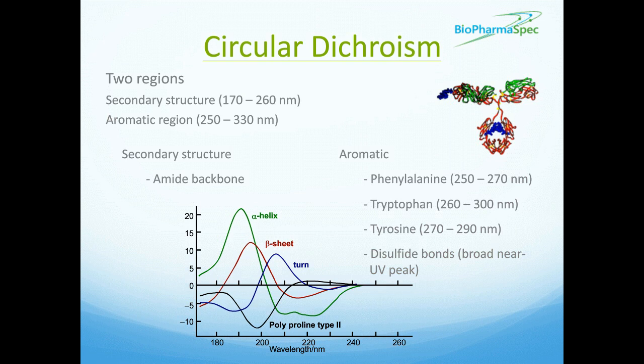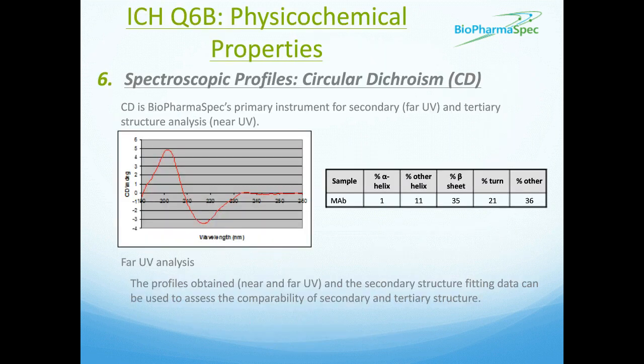Here you see the examples of the basic spectral shapes. You can see a clear difference between an alpha helical protein compared to a beta sheet protein, and also beta turns and polyproline type 2 turns, which are the main structures that you can see. So now we're moving on to an example.